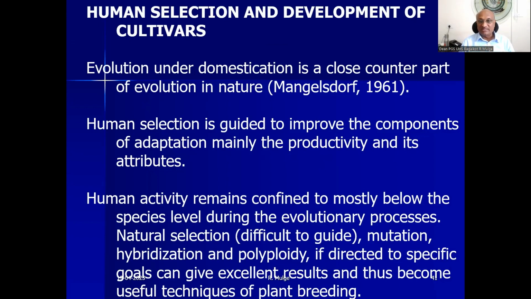And natural selection, mutation, hybridization, and polyploidy, if all these things are directed to a specific goal, right, if you are a plant breeder, specific goals can give excellent results and thus become useful techniques of plant breeding. So we should know the evolutionary process and how natural selection is difficult to guide.